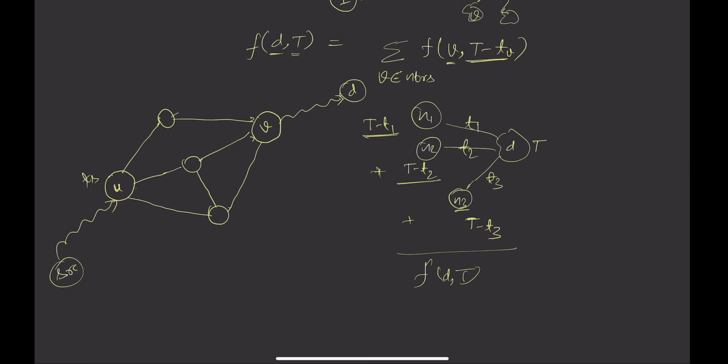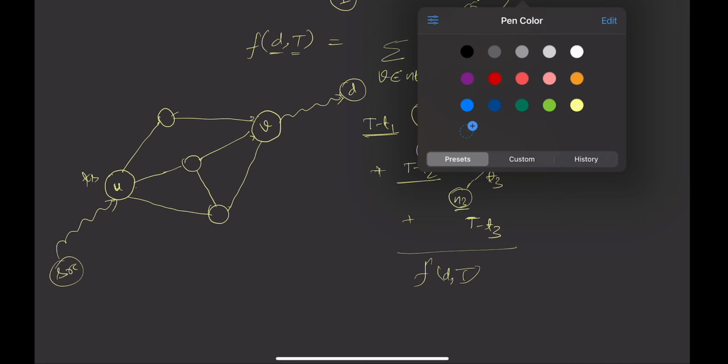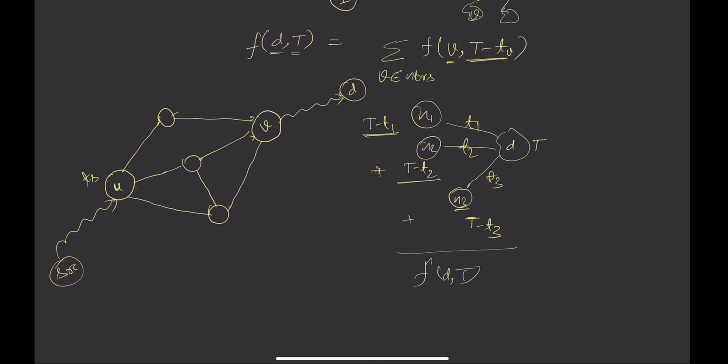And if I know the answer for u, that means the number of ways to reach u in time ts. Let's say I know the answer for this node. So what do I know?